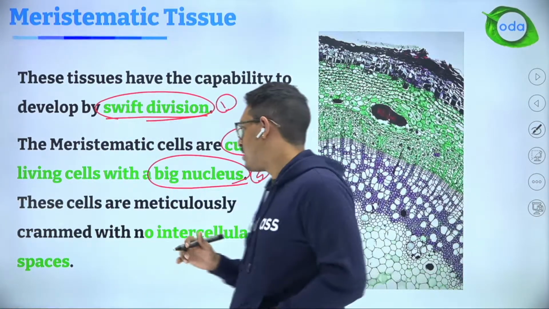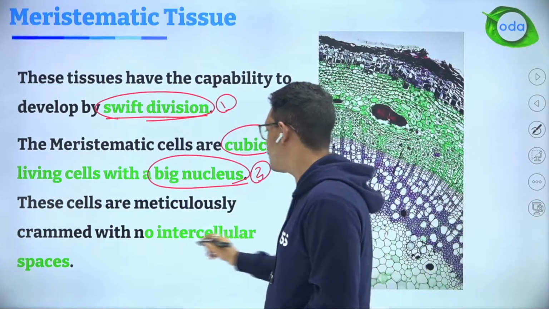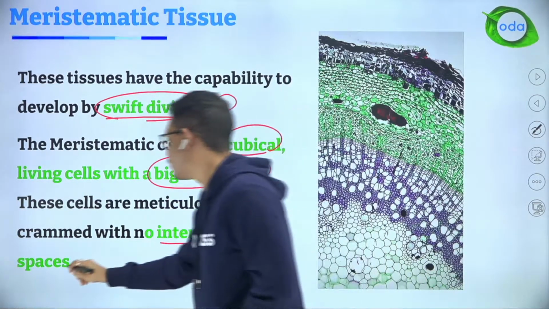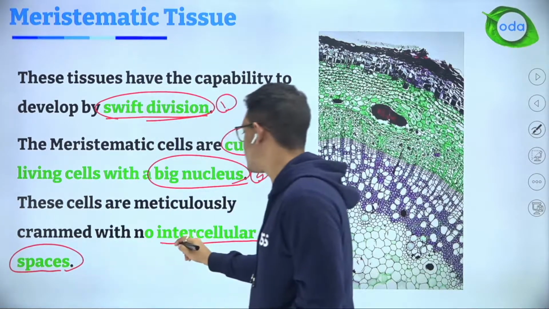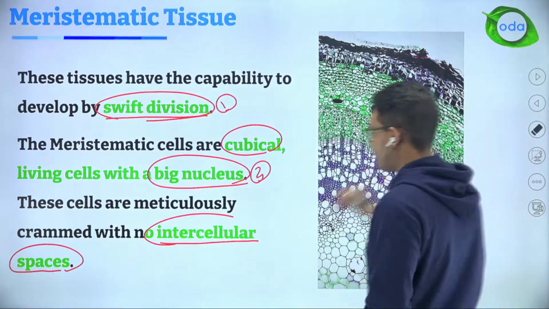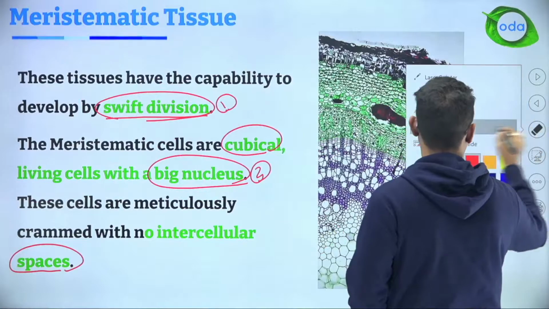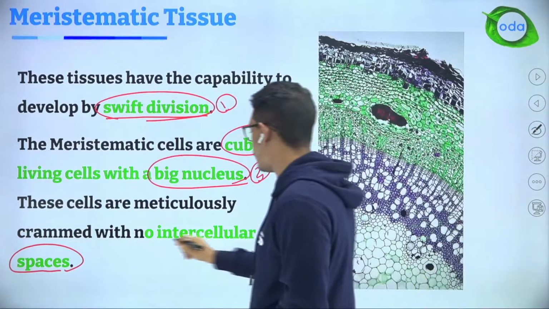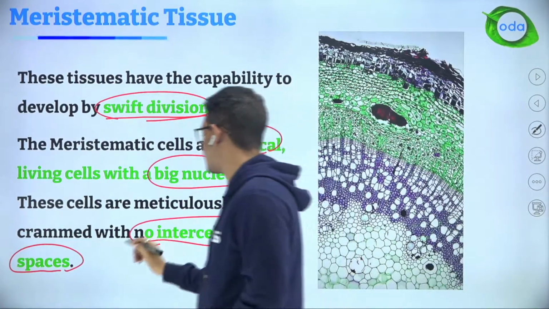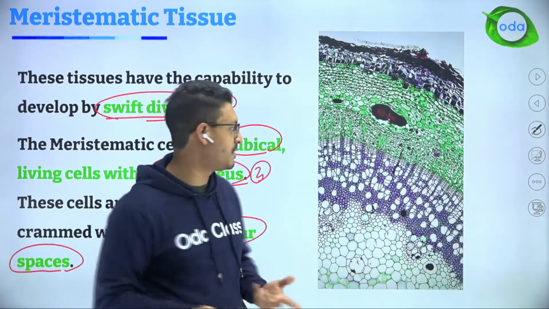The third thing that you need to remember is that these tissues don't have any intercellular space. No intercellular space. They do not have any intercellular space because these tissues are very well protected and they divide more frequently.